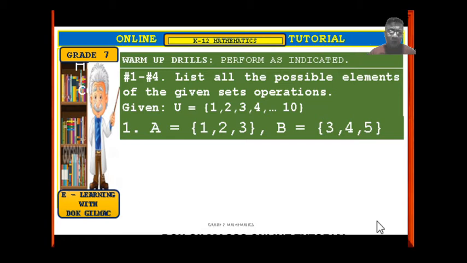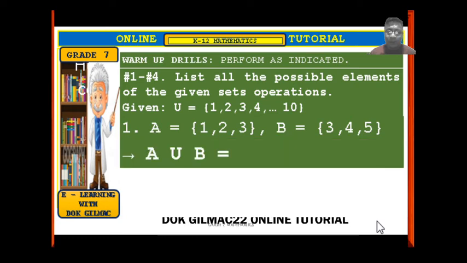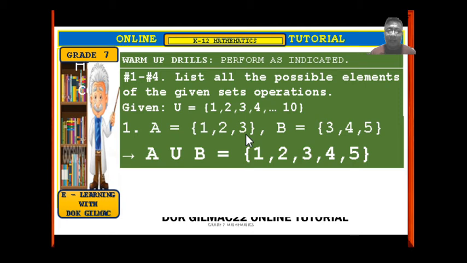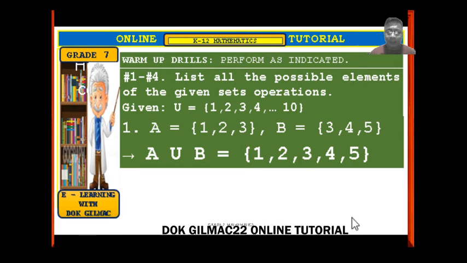When we talk about the union of two sets A and B, it refers to the combination of the elements of the two sets. So we just combine all elements. So A union B is equal to 1, 2, 3, 4, and 5. 3 is the common element for A and B, and this should only be written once. Okay, take note of that.